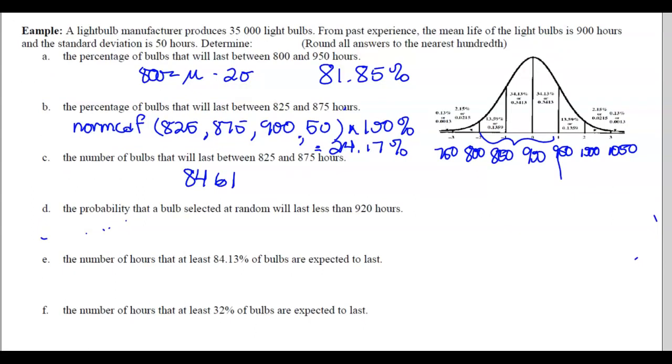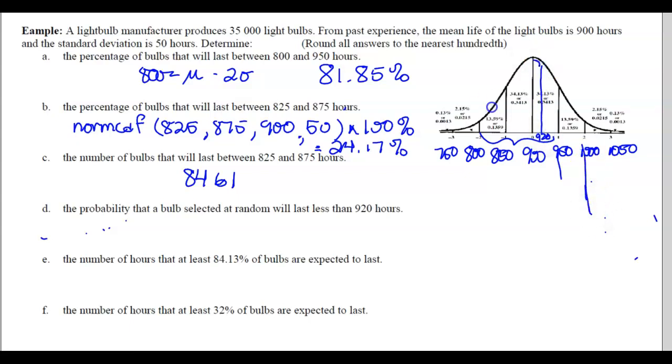Same thing with the next one, 920 isn't one of the values on your horizontal axis that's labeled, so it's not an integer value of a z-score. So we want to use our calculator. Probability that a bulb selected at random will last less than 920 hours. So that's the area under the graph where this is 920.